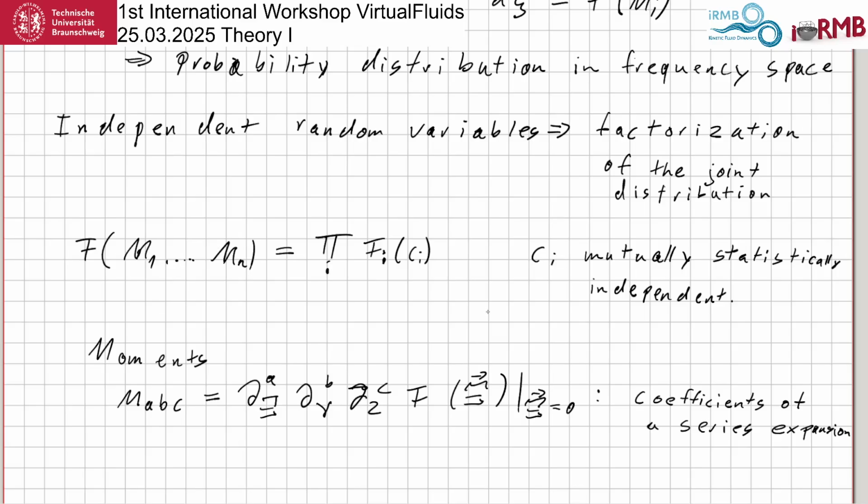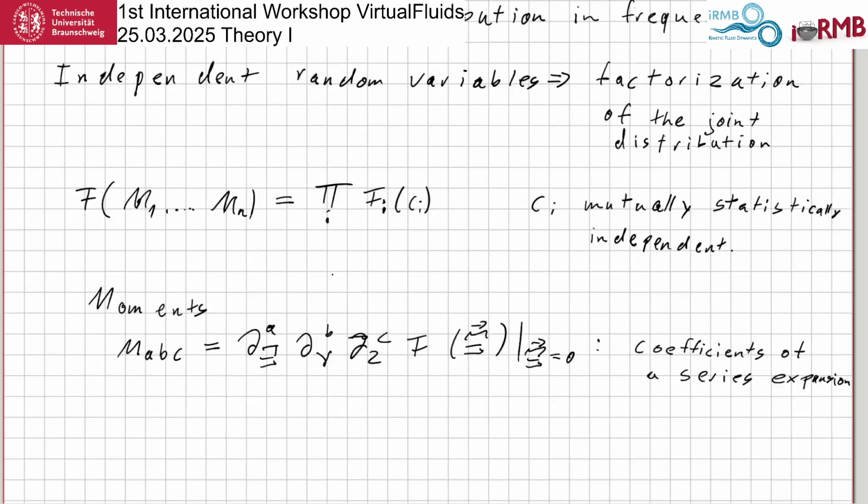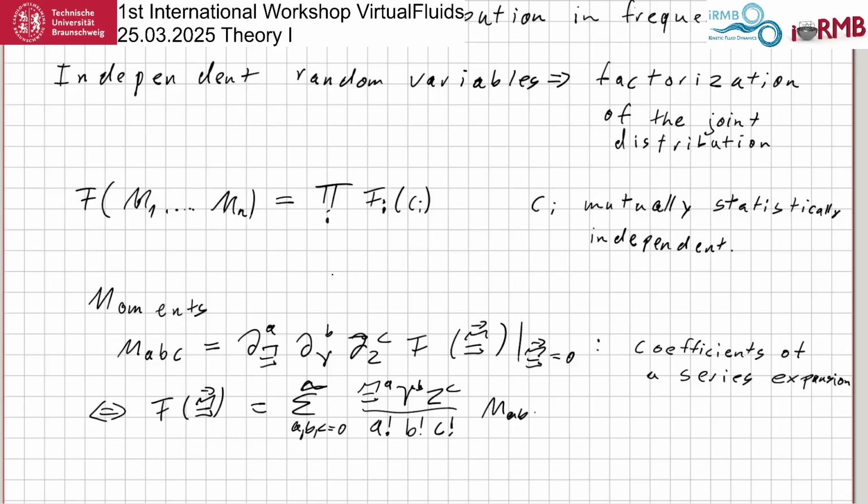Which means you can rewrite the entire thing in the opposite way. So you can recover the moment generating function as a sum over a, b, and c from 0 to infinity of xi to the power of a, epsilon to the power of b, and zeta to the power of c, divided by, what I just said, a factorial, b factorial, c factorial, and here come the moments, M_abc.